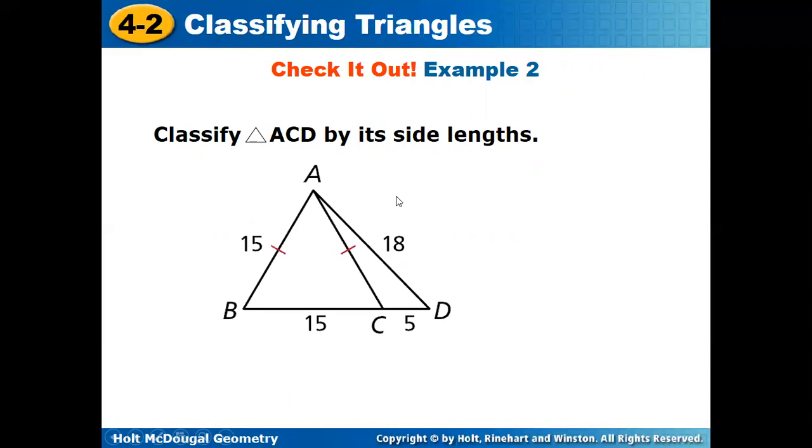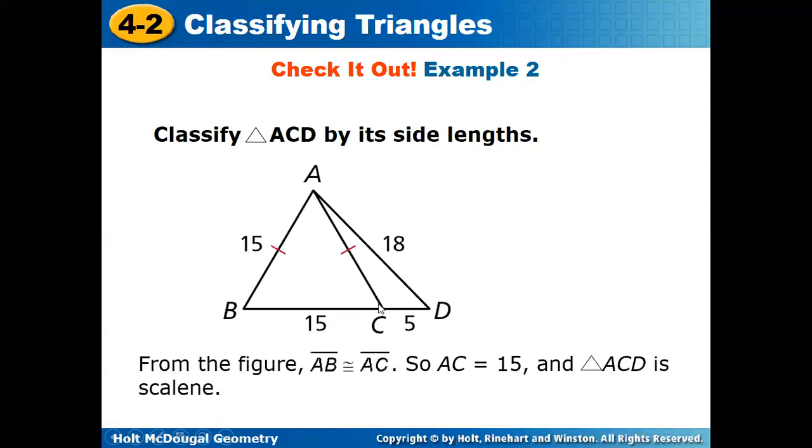Now let's check the answer. Triangle ACD. I know that most of you solved it as isosceles because you depend on AB being congruent to AC because they have the same sign. But AB is 15 units and BC also is 15.